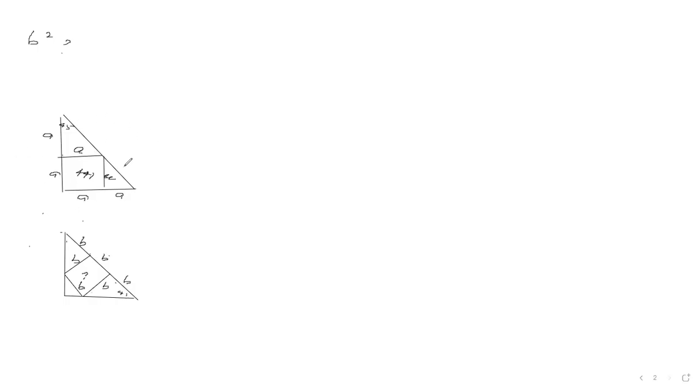The hypotenuse squared, h for hypotenuse, on the one hand is 2a, so it's 4a squared plus 4a squared. On the other hand, it's 3b all squared. Right. But we know what a squared is.